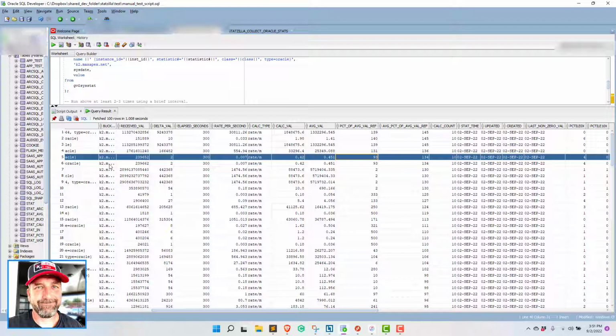We can actually define in the bucket what we want to look at. Do we want to look at all of the data to determine what an average is? Do we want to look at data on this day of the week? Or do we want to look at data on this day of the week and this hour of the day historically? And as you get enough data, it automatically adjusts, unless you've told it, I want to use all data or I just want to use day of week.